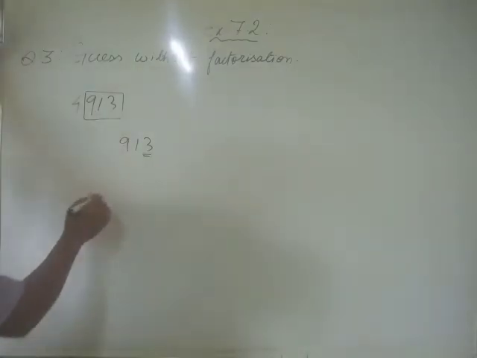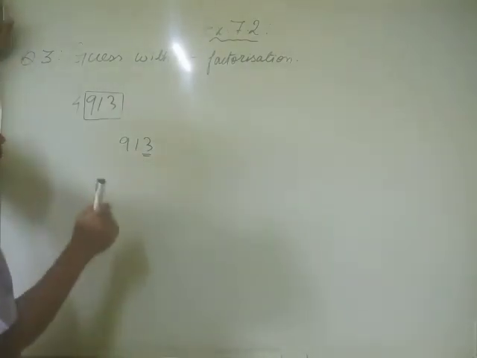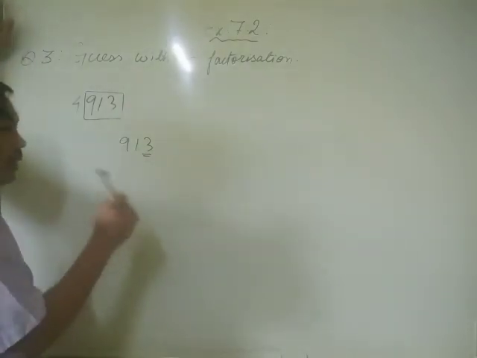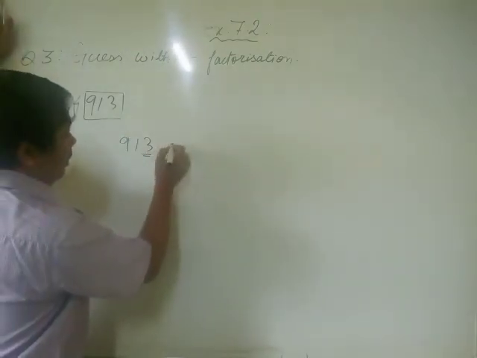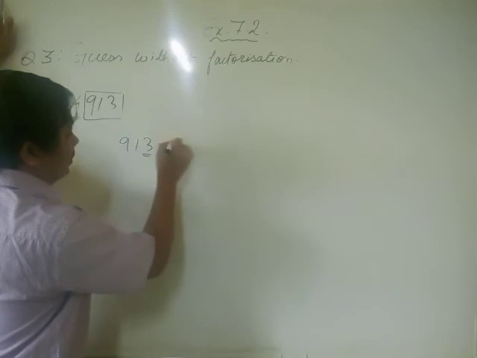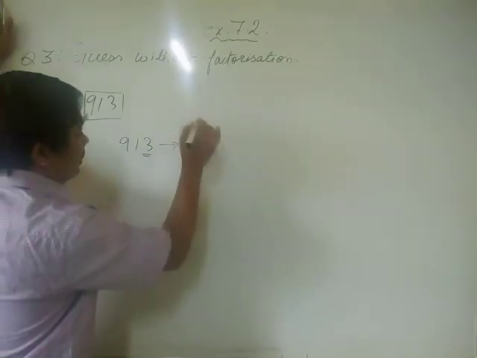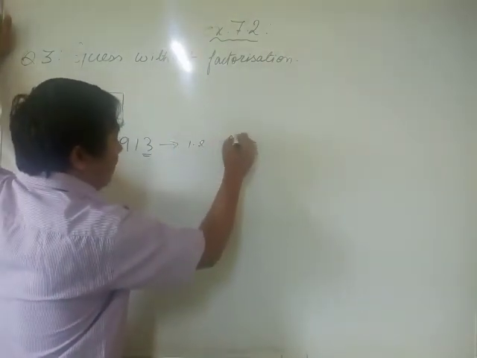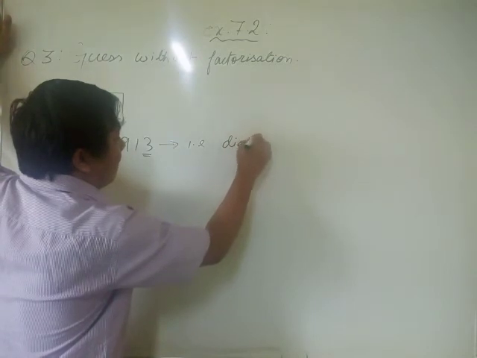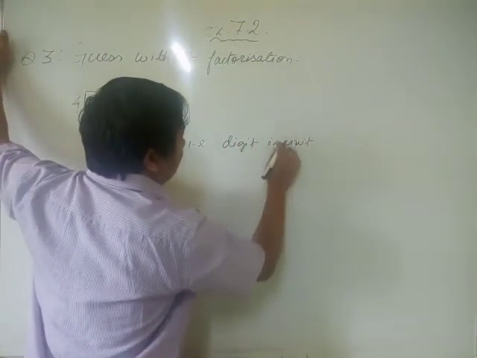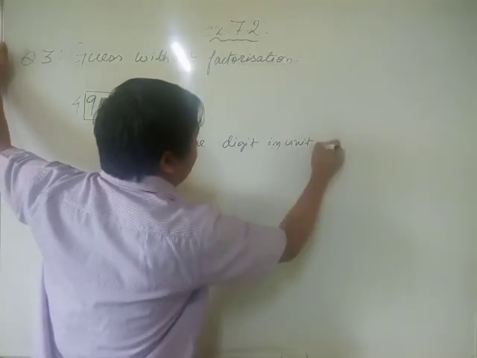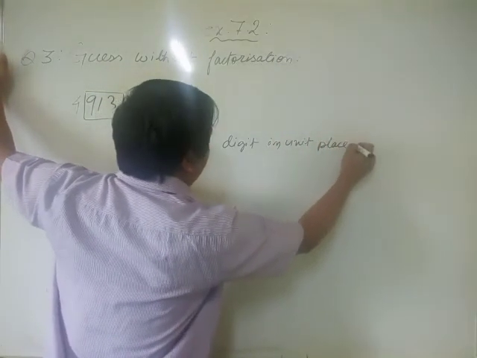So first we have to find out the digit in the unit place of the cube root, isn't it? What will be the number?